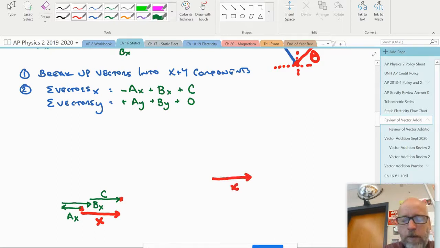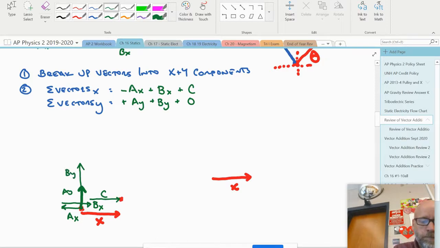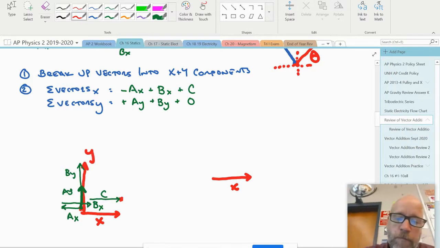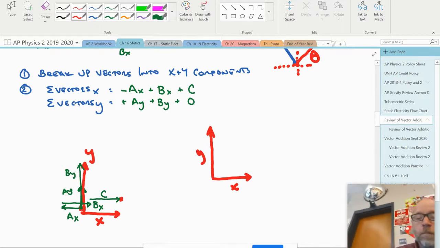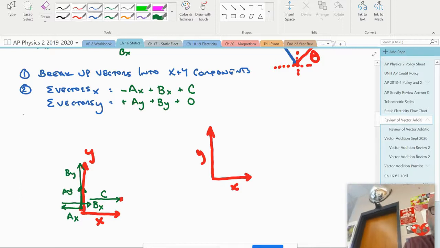And then in the Y direction, I'm going to have AY plus BY, and there is no C. So that just gives me the Y component. Now those two vectors that I have are the components of the resultant. So my third step is to redraw the components of the resultant.